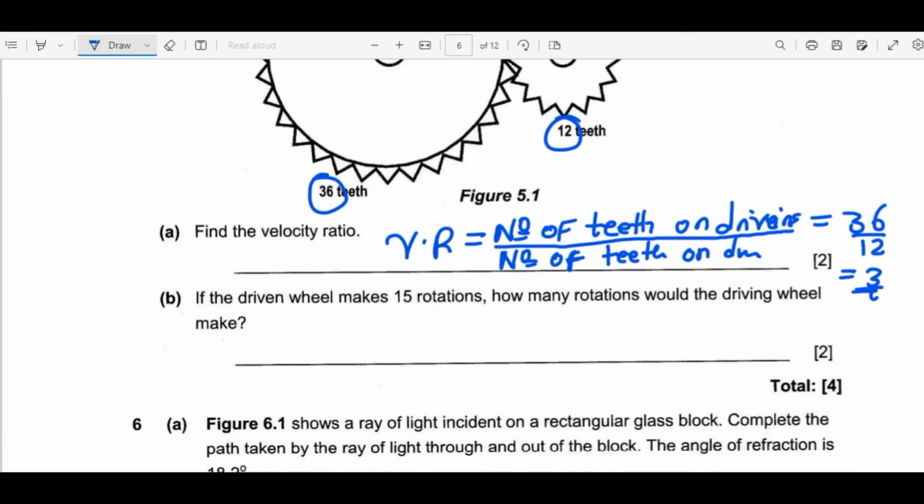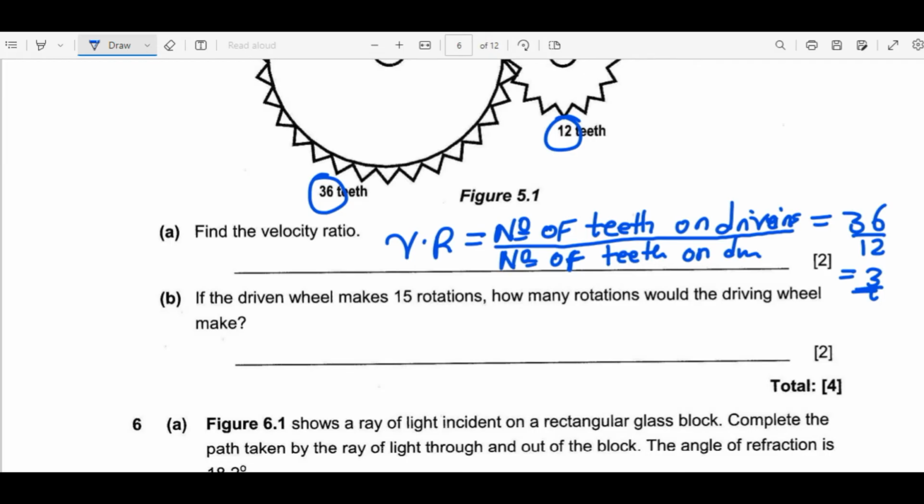Now if the driven wheel, which is the smaller one, makes 15 rotations, how many rotations would the driving wheel make? Let's analyze before we do some calculations. If the smaller one were to make 15 rotations, it rotates 15 times.